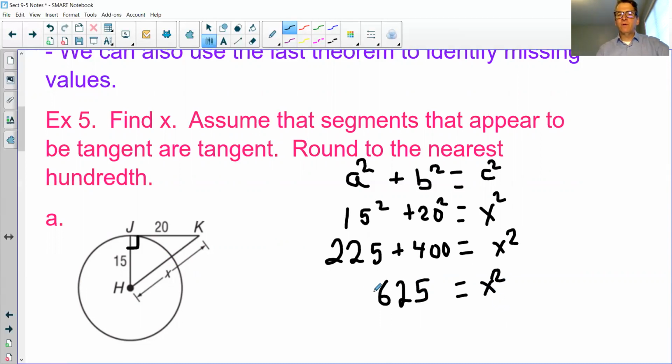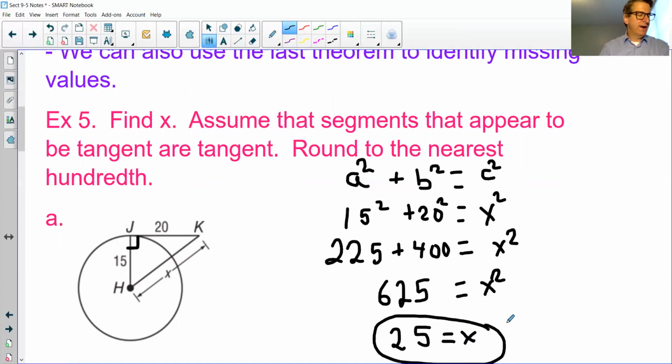Undoing that square, we take the square root of 625. You get the value of x to be 25. And that is letter A. So we're assuming that JK is tangent, and we're trying to find the value of x by the use of the Pythagorean theorem.